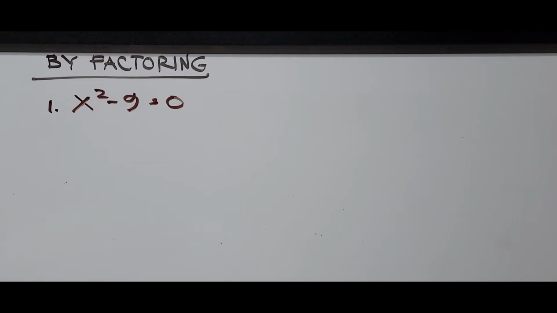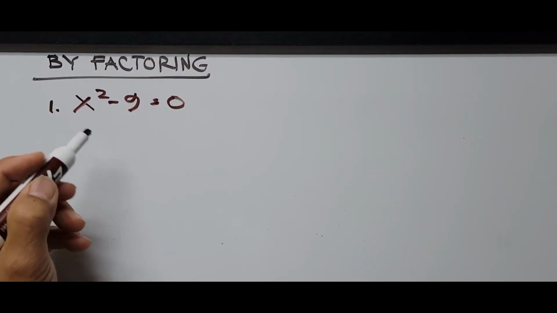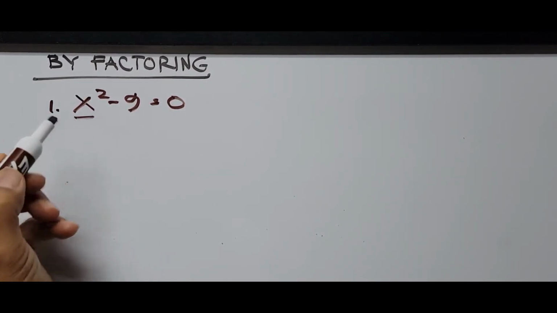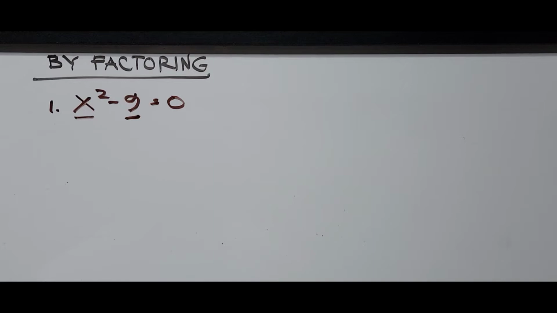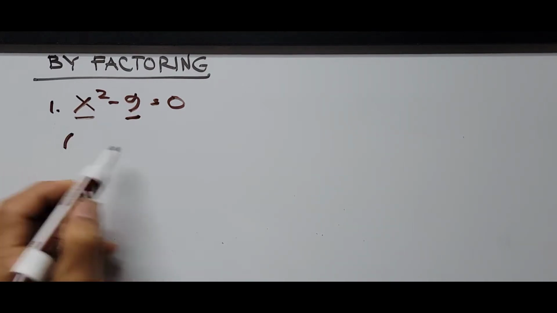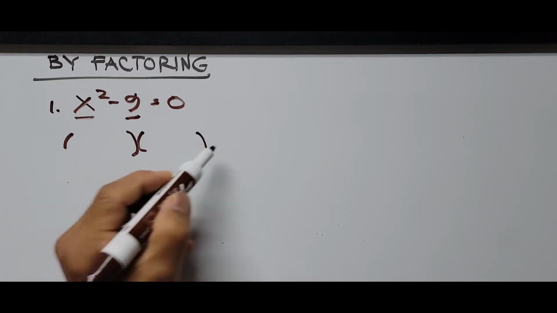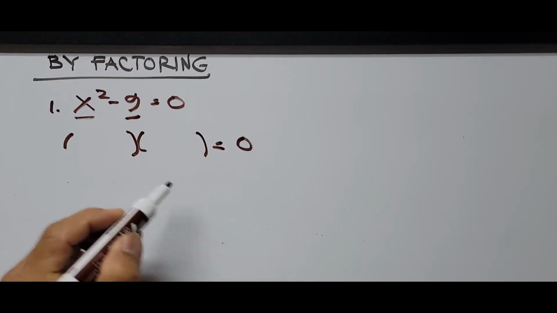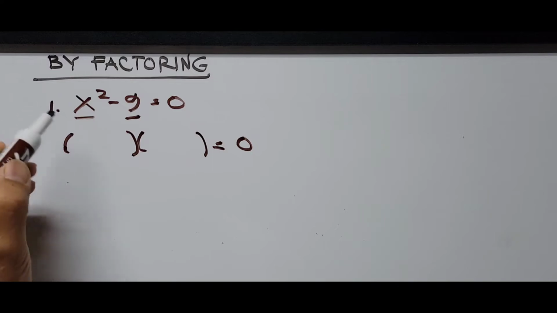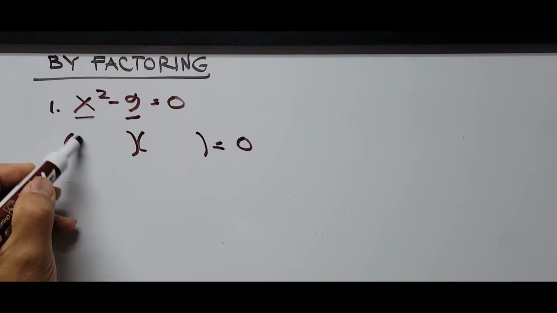We have here problem number 1. x squared minus 9 is equal to 0. If you notice, these are perfect squares. x squared is a perfect square and 9 is a perfect square. So in factoring, we have to set two parentheses over here and equate it to 0. And the first terms contain the variable x.